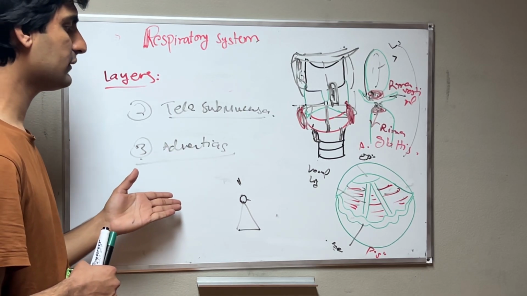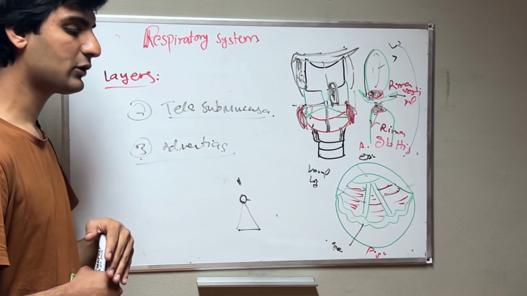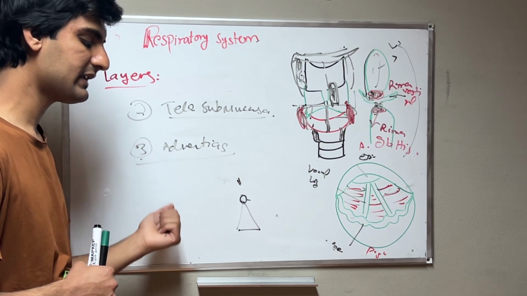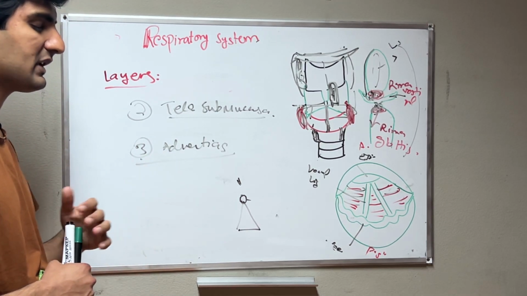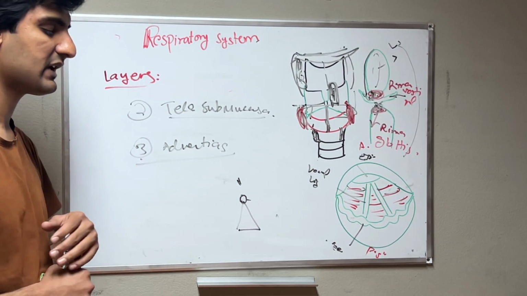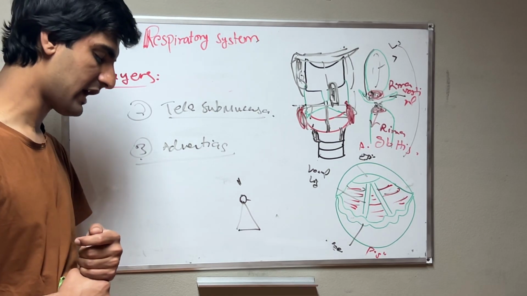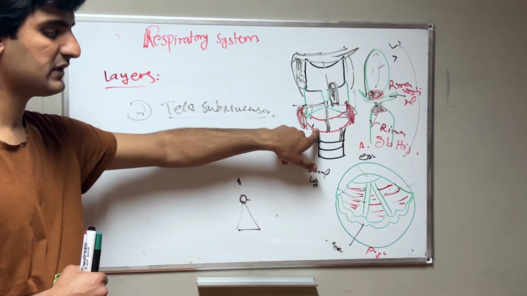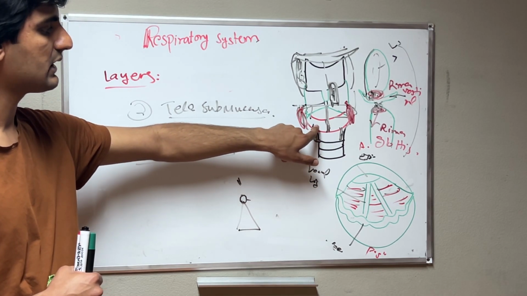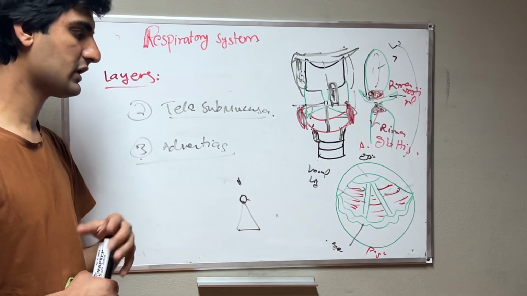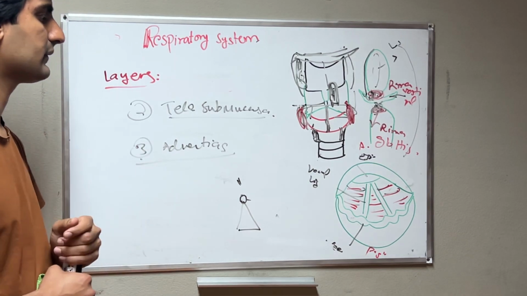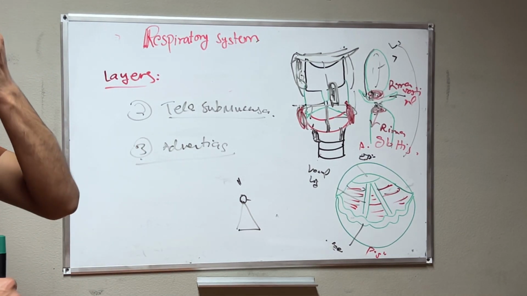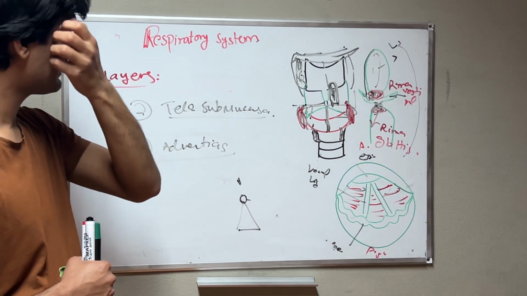And from the posterior view, we have the thyroepiglottic ligament between the thyroid and epiglottis, and we have the hyoepiglottic ligament, between the epiglottis and the hyoid bone. Also we have the cricotracheal ligament between the cricoid and the trachea. Okay, because these are all in the cartilages of the larynx.